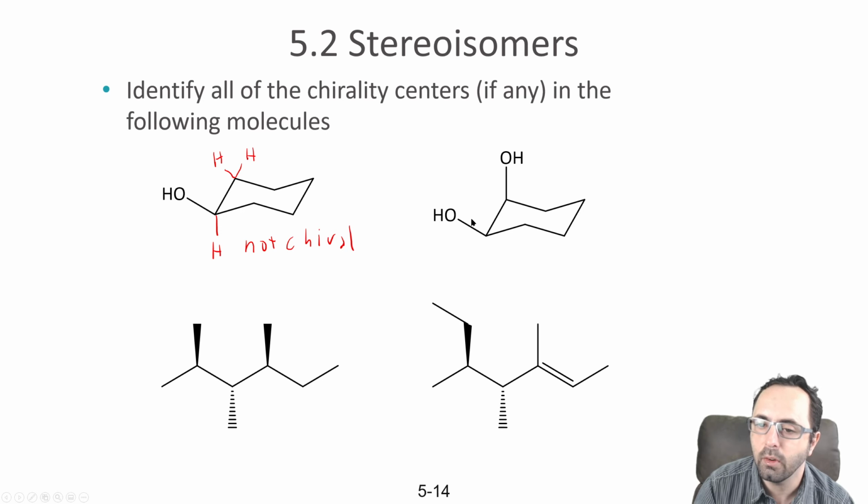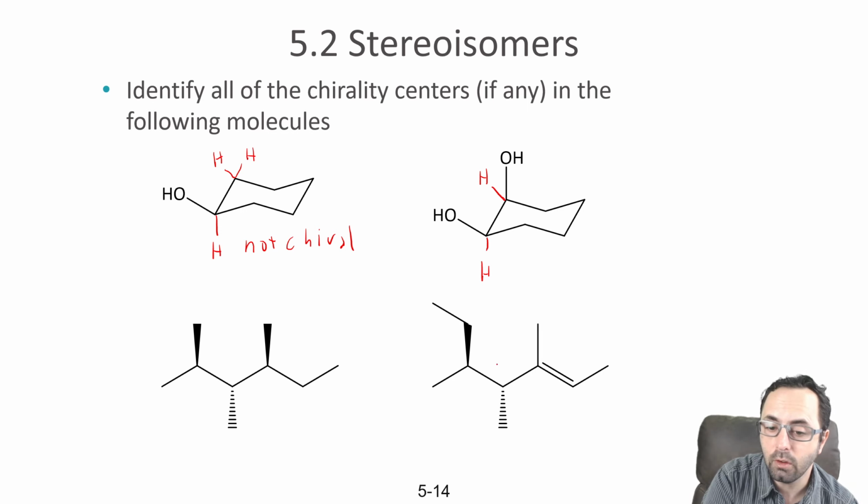Now that is different from this situation. So in the situation on the right here, we have hydrogens attached, and so each of these four directions will be different. Each of these here would be a chiral center.